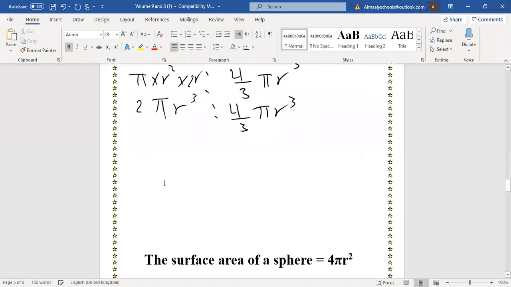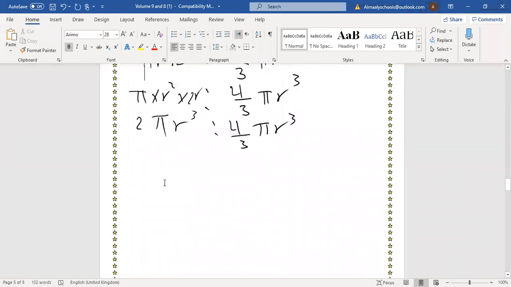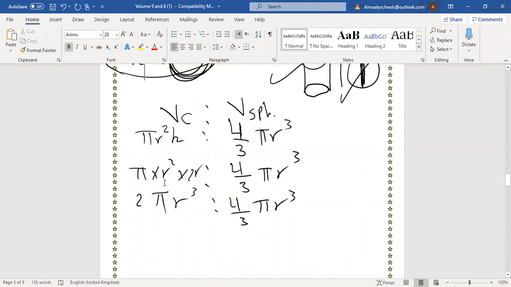Can anyone not understand the first step? You can ask now, before completing. Mister, I can't understand. Which part? The first part. He wants you to find the ratio between the volume of the cylinder and the volume of the sphere. The rule of the volume of the cylinder equals pi r square h. Any problem?